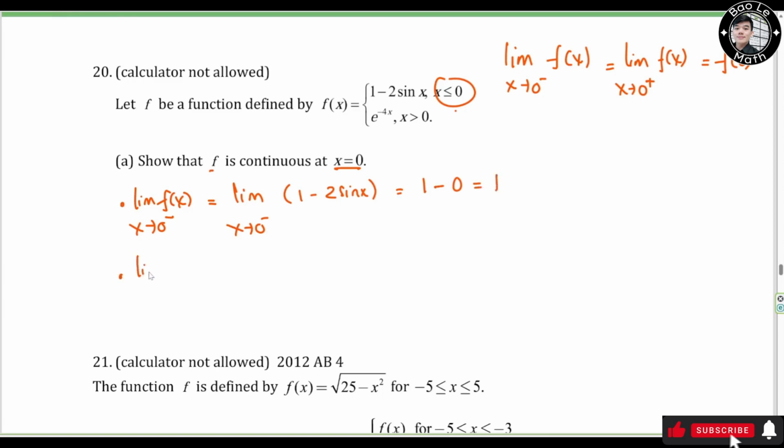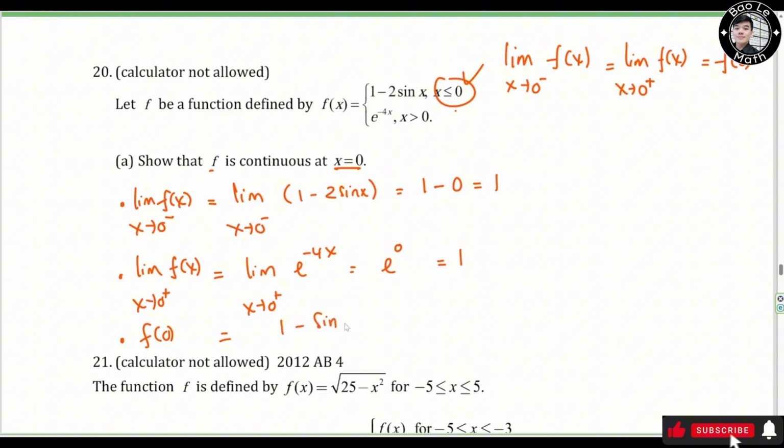Now the limit of f of s when s approaches 0 plus is the limit of e to the negative 4s when s approaches 0 plus. Substitute 0 for s, it's e to the power of 0, which is 1, right? Now the last one, f of 0, we're going to use this one right here, right? So it's 1 minus sine 0. Don't forget the 2 right here. So it's 1, right?